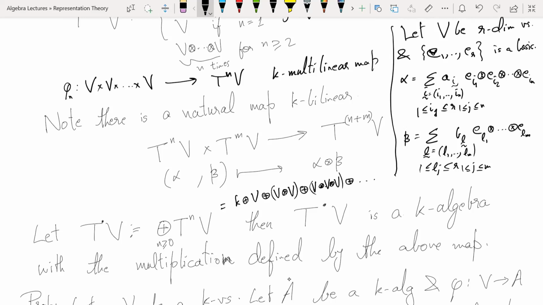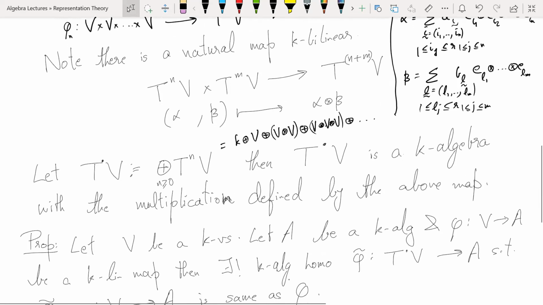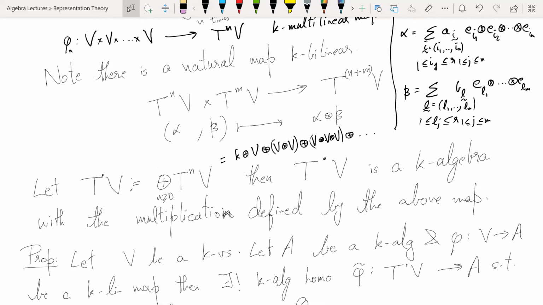If V is finite dimensional, each T^n V is finite dimensional, but of course the tensor algebra is not. It has infinitely many terms, so that's an infinite dimensional K vector space, but it's an algebra. It has some sort of universal property which we'll see. So you expect it to be a big vector space.